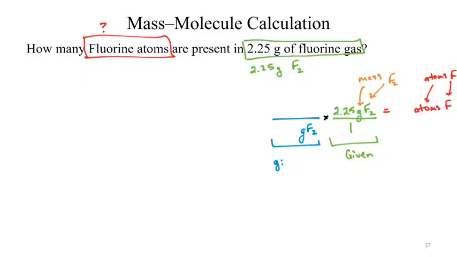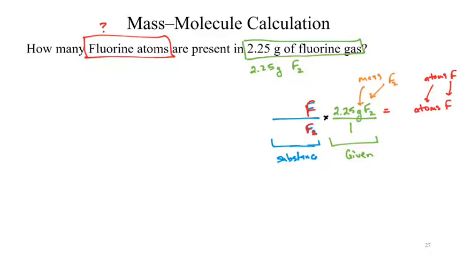I would argue it is easiest to deal with the, well, actually no, I don't actually have an argument for which one's easier to deal with first. Okay, I'm actually going to make the argument that it's easier to deal with the substance conversion first. So I'm going to write substance here. I want to go from F2 into F. To do the conversion, though, I have to have a measurement unit associated with it.